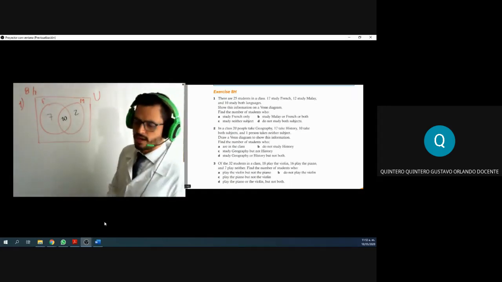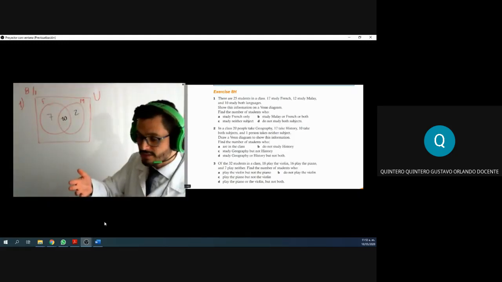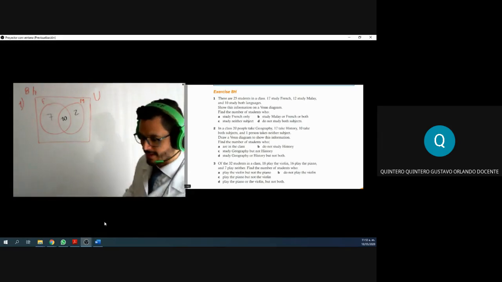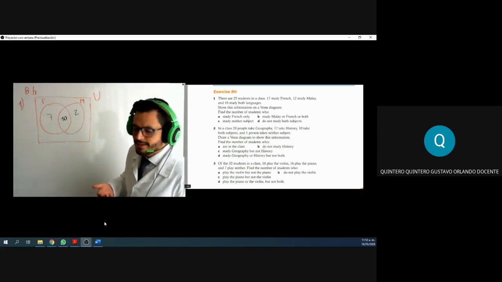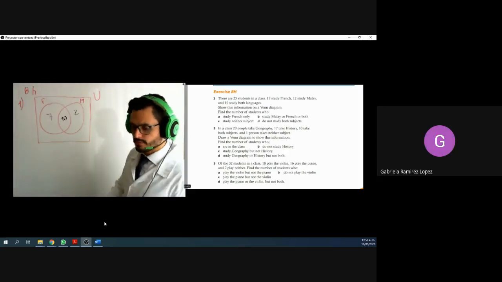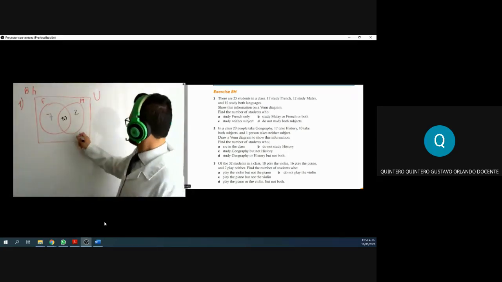Now the question is, how much should I put outside? How much? We have 25 in total. We know that. That information is given to us by the exercise. And we also have 19 people already. So how much is there left from 19 to become 25? 6.